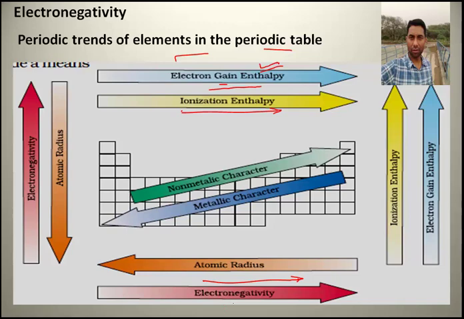Okay, but if we relate electronegativity with atomic radius, along the period atomic radius decreases. That means we can relate it with size, or electronegativity is inversely proportional to size, right? As per this we can conclude.